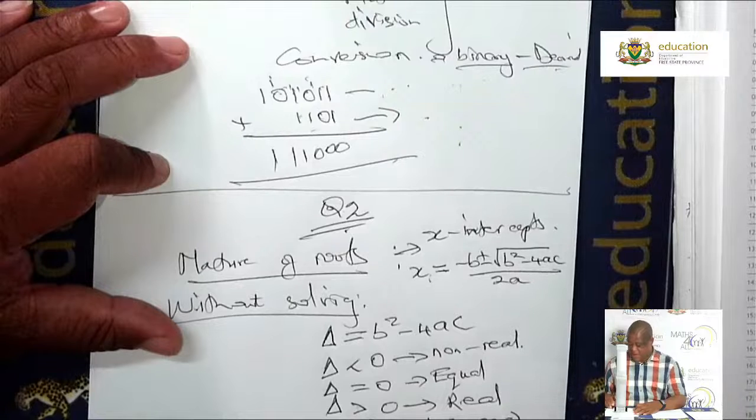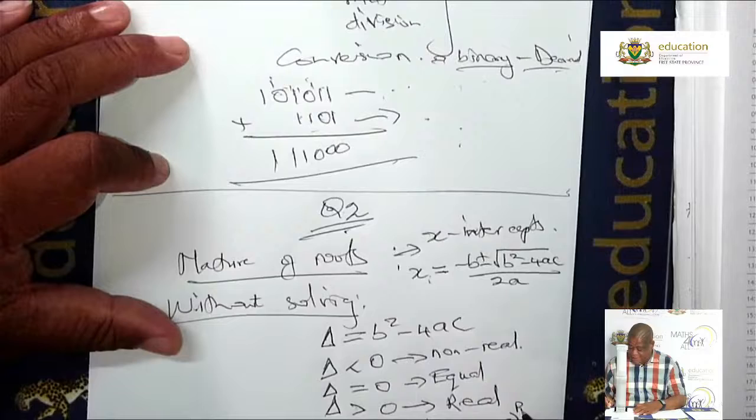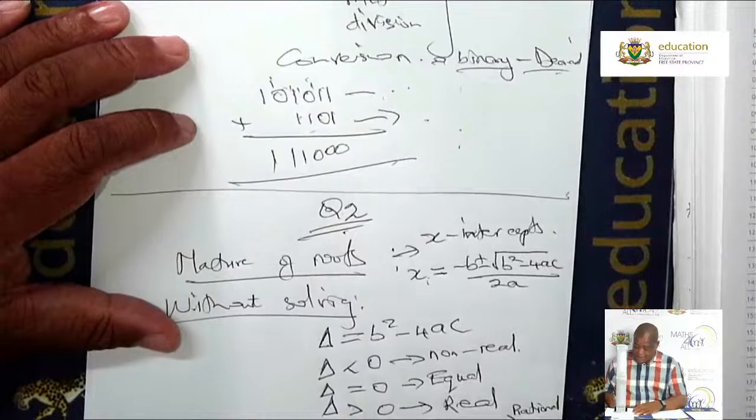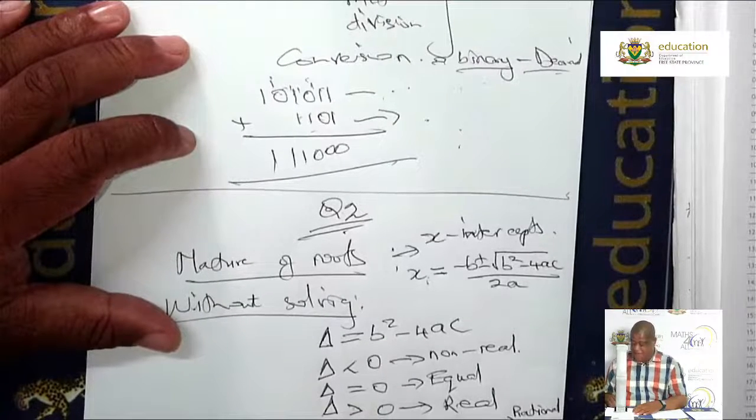Now being a perfect square is telling us that these roots are real, at the same time they are rational. Rational. So greater than zero, being a perfect square, the roots would then be rational.